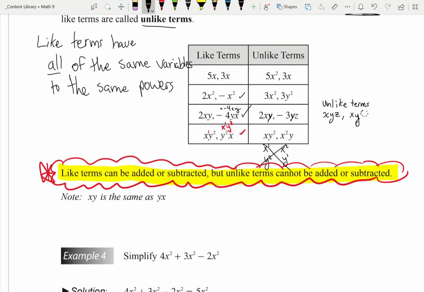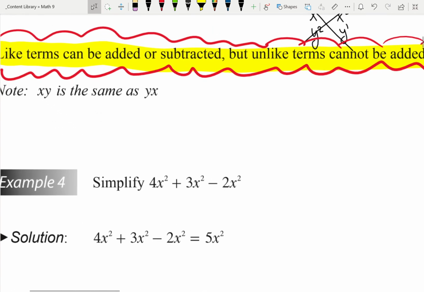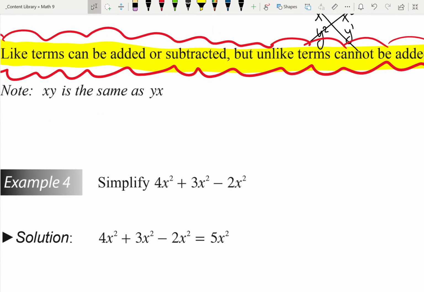And unlike terms, we cannot do this. So for example, I have 3x squared plus 3x, or 4x squared plus 3x squared minus 2x squared. The x squared is some common variable.